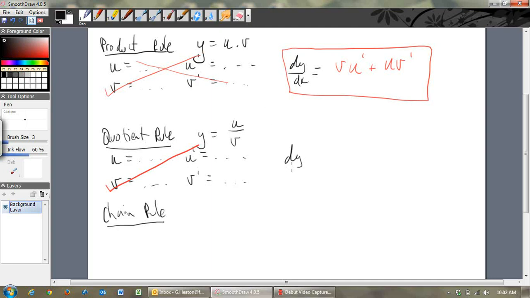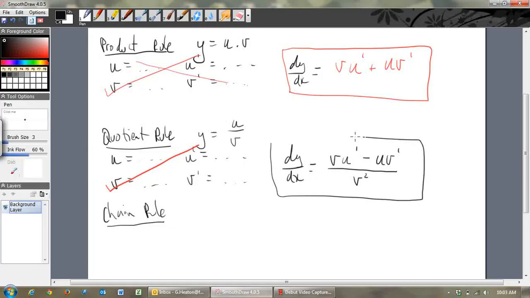The quotient rule tells us that the derivative of y with respect to x is equal to: you start with the one where the tick is, so v times u dashed, subtract, and that's why this order is important, the other two, u v dashed, and you divide by wherever the tick starts, squared, so v squared. That there is our quotient rule.